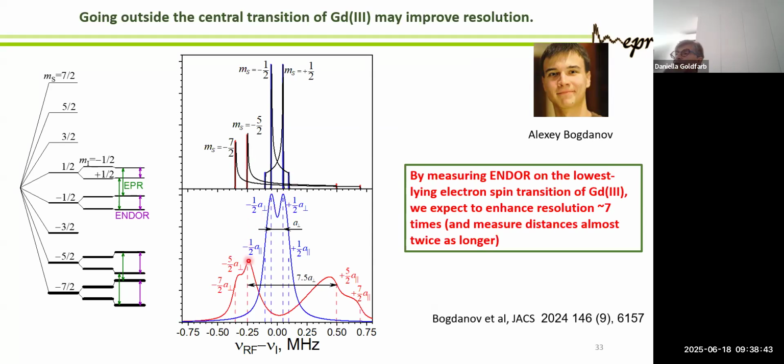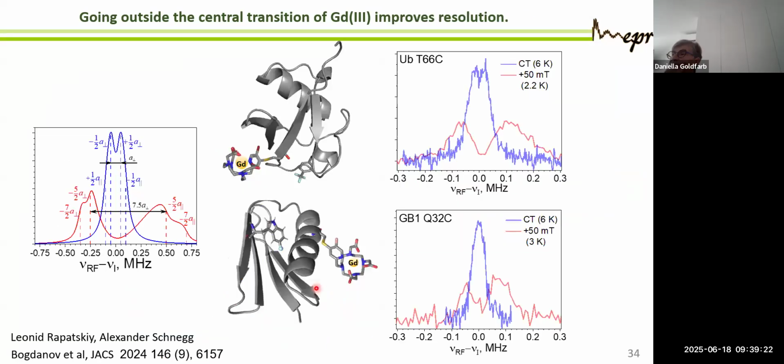If you introduce the line broadening and the blind spot, and you measure the half minus half, you will get this spectrum and this tiny little splitting. But if you go to these transitions here, with the blind spot, you get this powder pattern, and you see this large coupling, and this large coupling is 7.5 A perpendicular compared to 1 A perpendicular. So you extend it by a factor of 7.5.